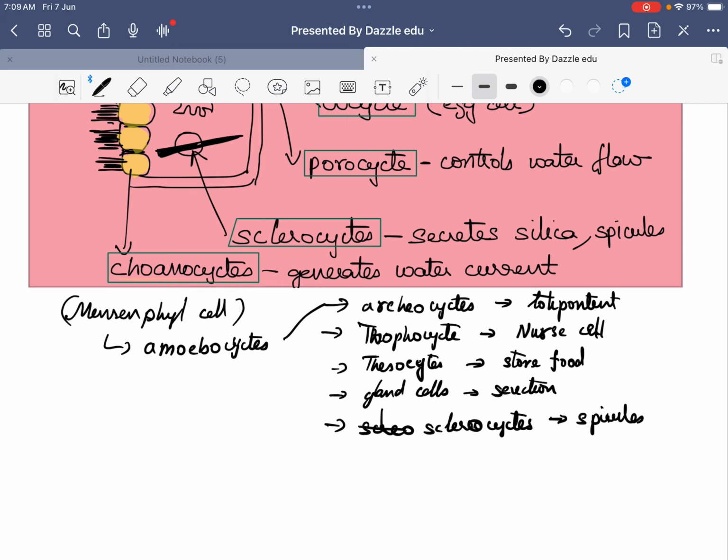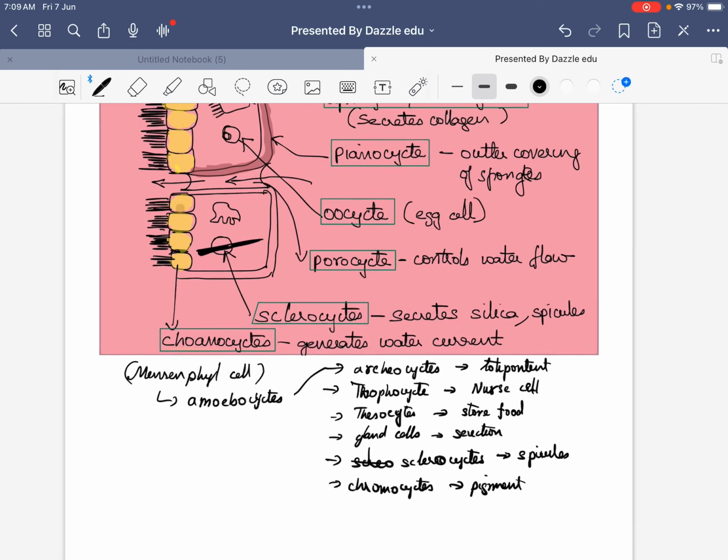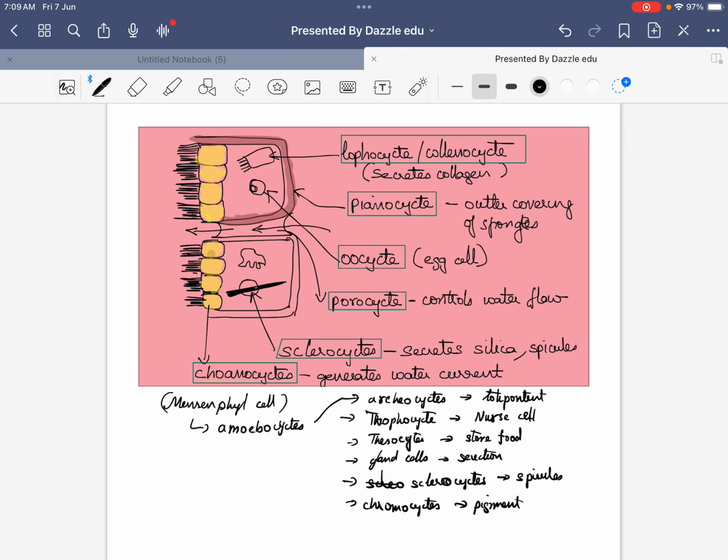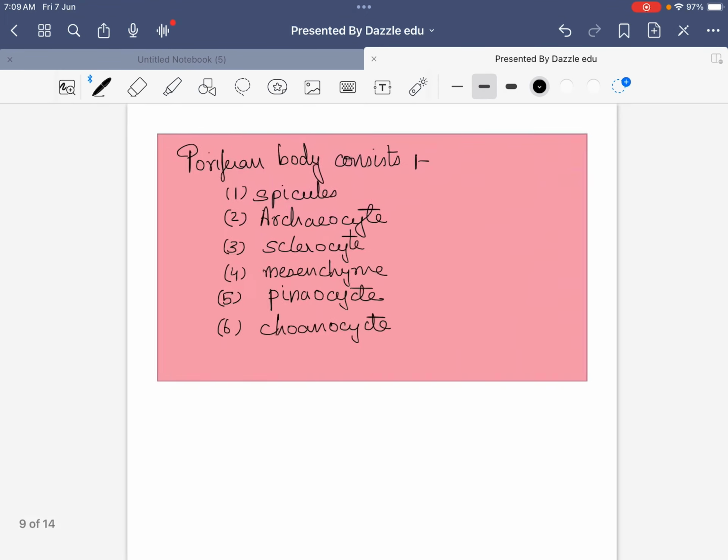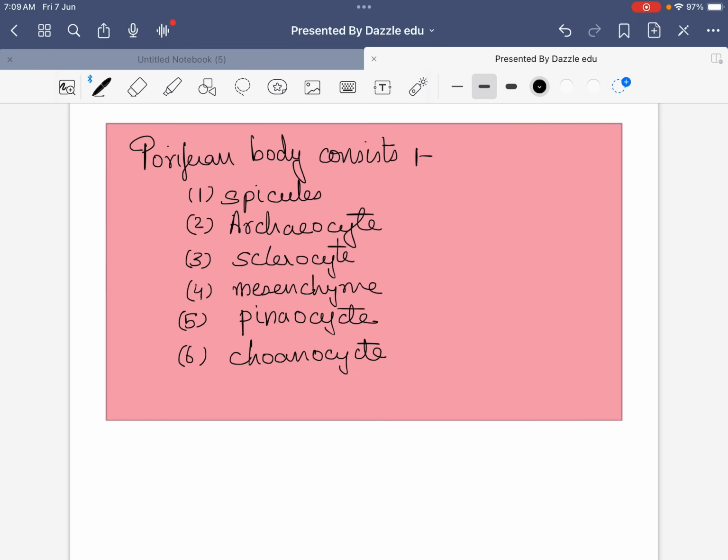And then there is a germ cell which actually forms the egg and the sperm, as well as chromocytes, which produce the pigment. So these are the different types of cells that we have in the poriferan body that arise from the mesophyll layer.